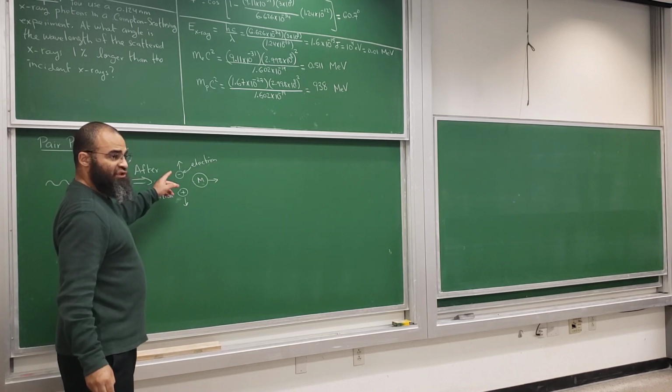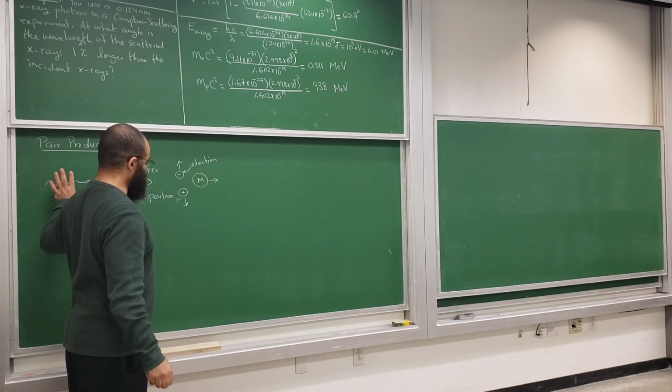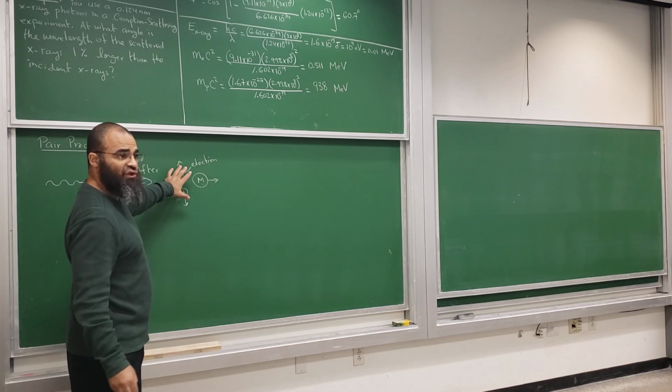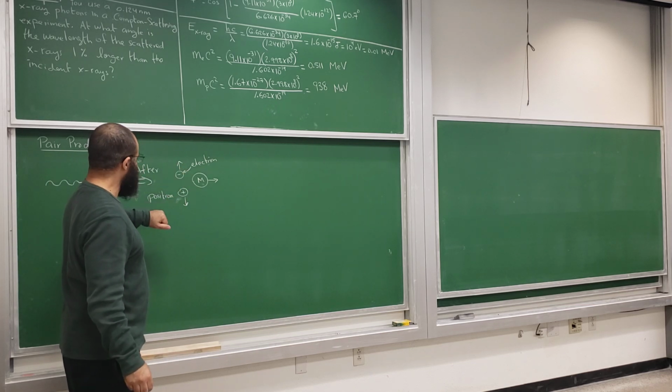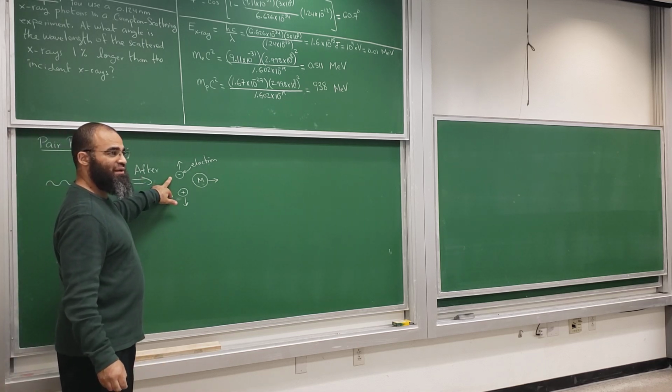Notice they have opposite charges, so the charge is conserved. If you didn't have any charge before collision, the net charge after collision is still zero. But what happens is the photon disappears and these two appear.